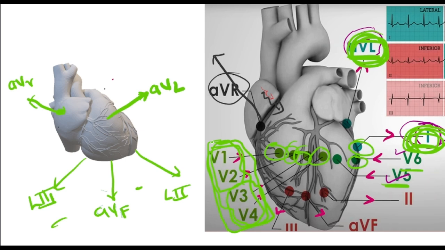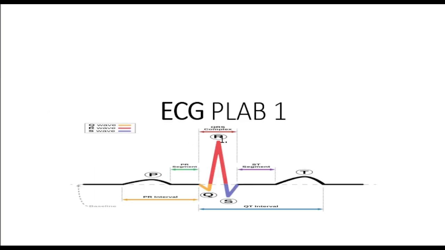Thank you very much, and in the next lecture we will talk about ECG waves and the related abnormality of each wave. If you take the P wave, the main thing is AF, and we have here the PR segment and PR interval.